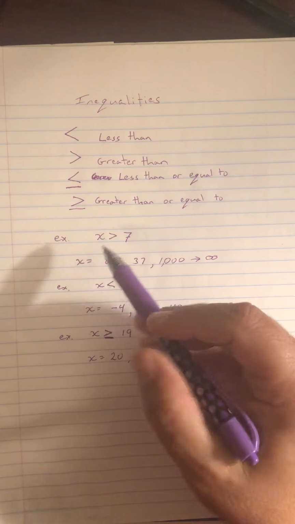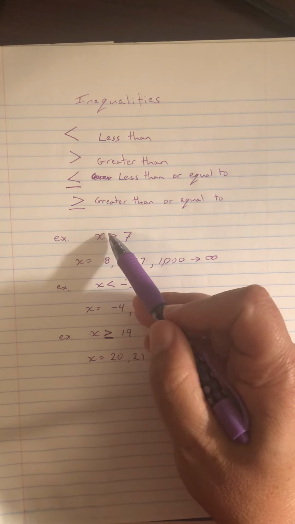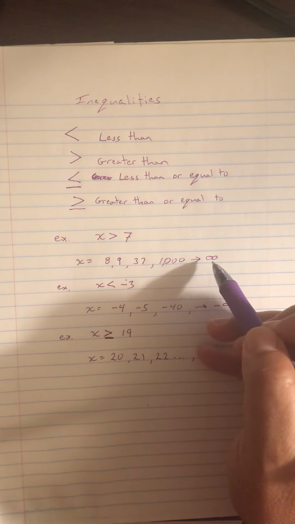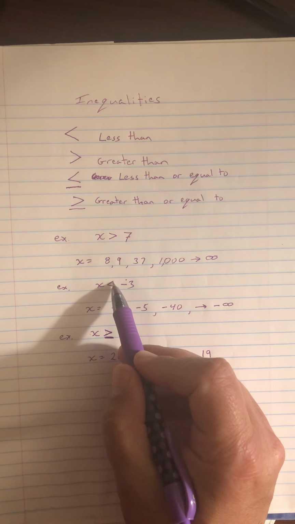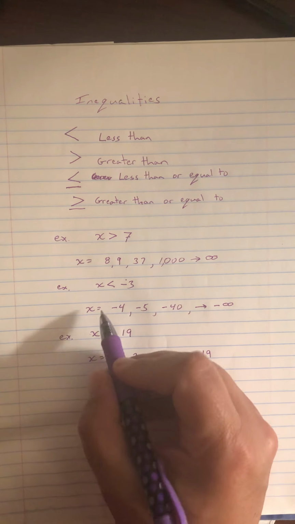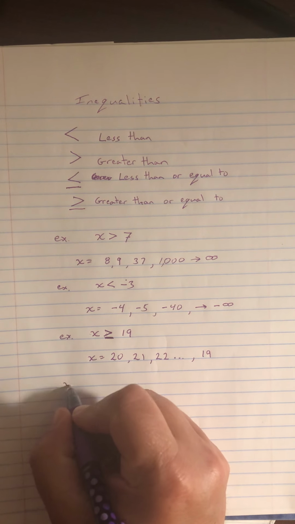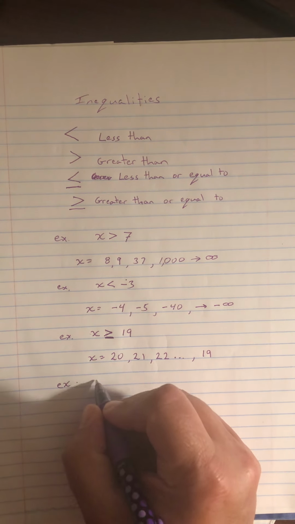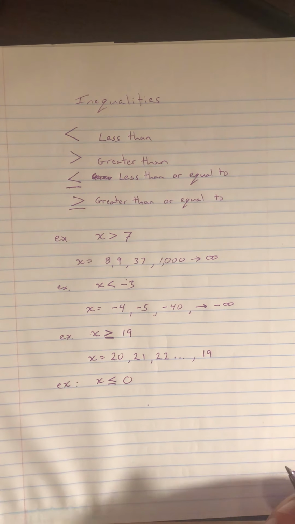I could not put 7 up here because 7 is not greater than 7. So notice 7 is not part of this set. -3 is not less than -3. So -3 is not part of that set. But now that I have this equal sign down here, now that we have the addition of x is less than or equal to 0.